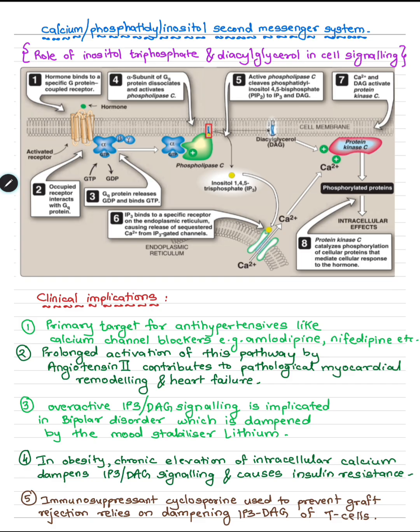So protein kinase A was cyclic AMP dependent. Protein kinase C is dependent on calcium and diacylglycerol. And when the signal needs to be terminated, the inherent GTPase activity will convert this GTP to GDP, and this will go back and the signal will be terminated.